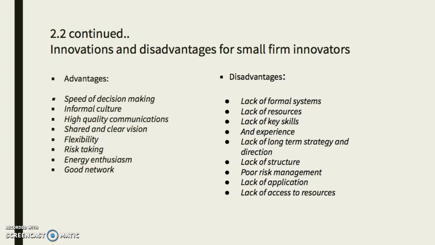While they have advantages such as speed of decision-making, informal culture, high-quality communications, shared and clear vision, flexibility, risk-taking, energy and enthusiasm, and good networking, most of their disadvantages outweigh their advantages, such as lack of formal systems, lack of resources, lack of key skills and experience, lack of long-term strategy and direction, lack of structure, poor risk management, lack of application, and access to resources.